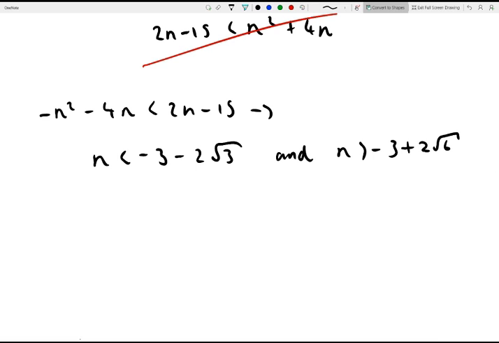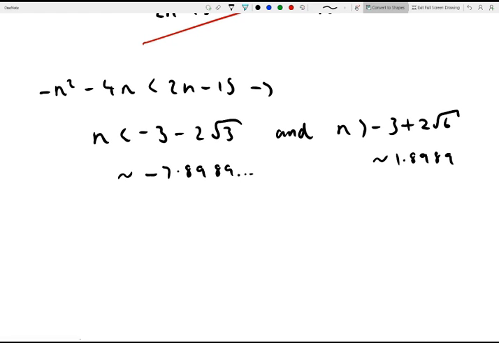And if you think of it just as a quadratic and solve it, you end up with two numbers, so this is approximately minus 7.8989 and this is approximately 1.8989, and you might think, is n greater than this, is n less than this, so is n in this interval or outside the interval?